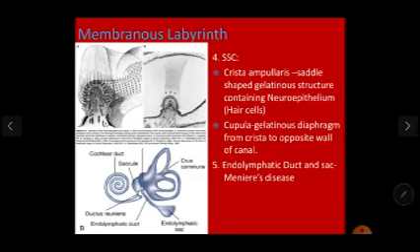This cupula connects against the opposite wall. So this is another gelatinous diaphragm which connects the crista with the opposite wall, that is your cupula. Below this there is a subcupular space, and when we rotate our head, the endolymph will pass through this. And we have the hair cells here.